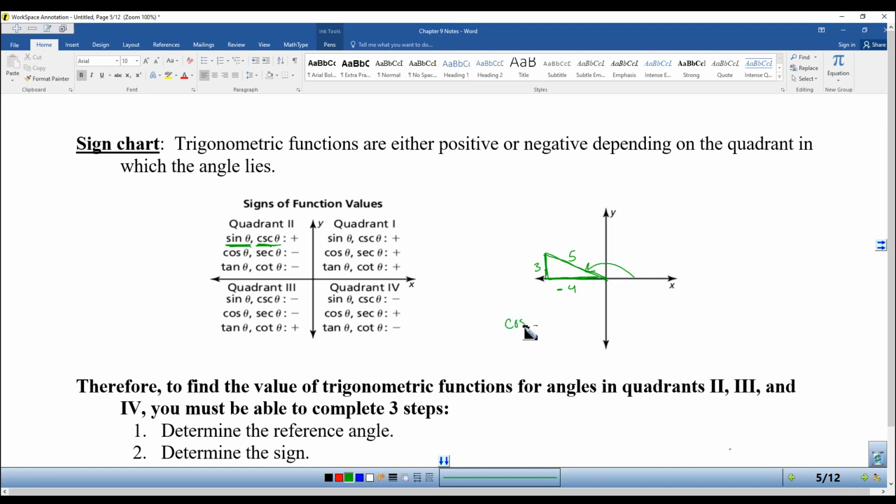If you're doing cosine of that angle, cosine is affected by the fact that you're in quadrant 2 because the adjacent side is going to be negative and the r is still going to be positive. So cosine is actually going to come out to be negative in quadrant 2. And what about tangent? Tangent is opposite, which in quadrant 2 is positive. So tangent of this angle is positive 3, but it's opposite over adjacent, which is negative 4. So tangent, like cosine, is also going to come out to be negative.